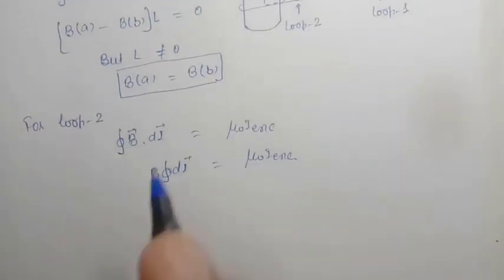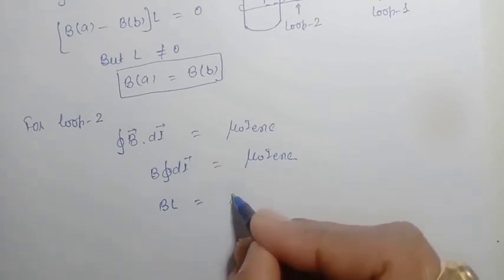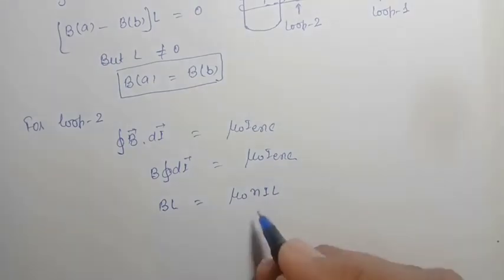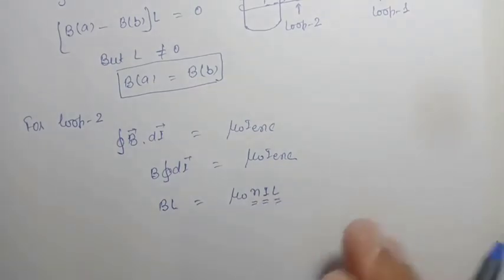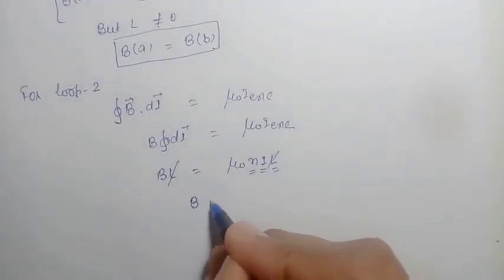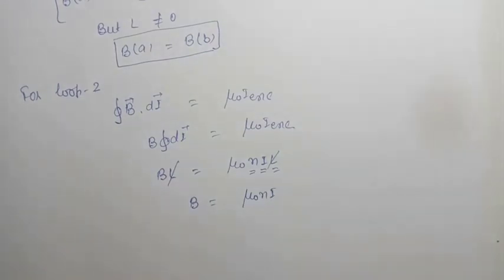So we can write BL equals mu naught I enclosed, here it is N I L. N is the number of turns, I is the current, and L is the length of the loop. So L cancels, and we get B equals mu naught N I.